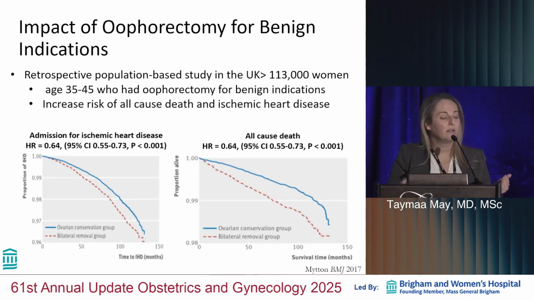There was a study in the UK of over 100,000 women, and admission for ischemic heart disease in patients between 35 and 45 who had an oophorectomy for benign disease was worse, and all-cause deaths was worse by 0.64 hazard ratio.